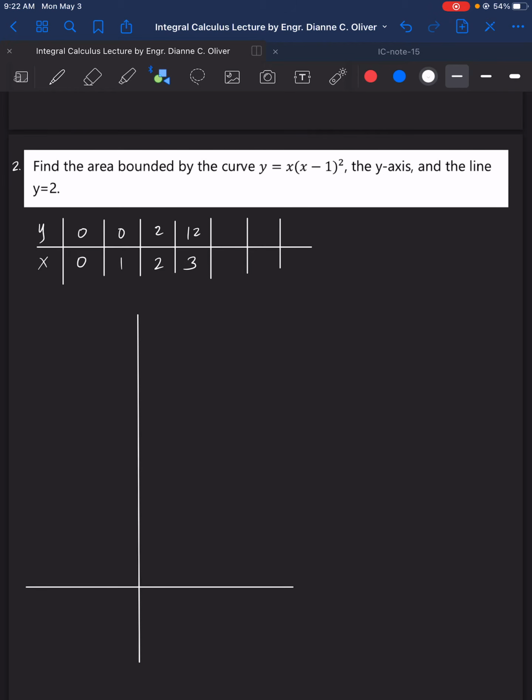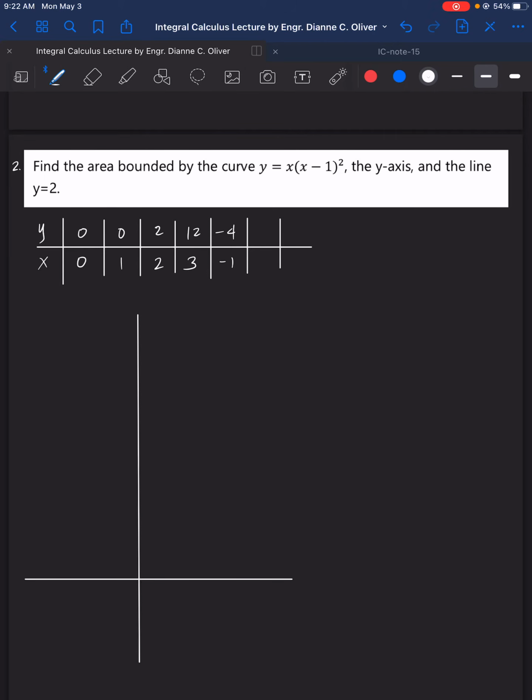So we have there 12. So first we have the 0, 0, 0, 1, 2. Okay, how about negative 1? If we put here negative 1 for the x, y here is negative 1, negative 4.